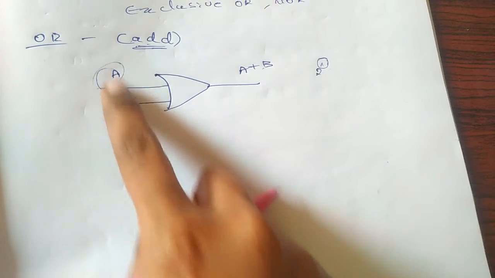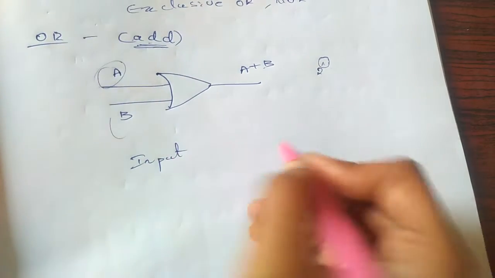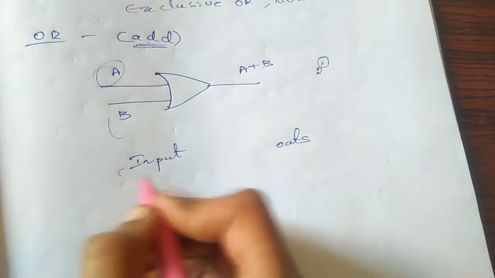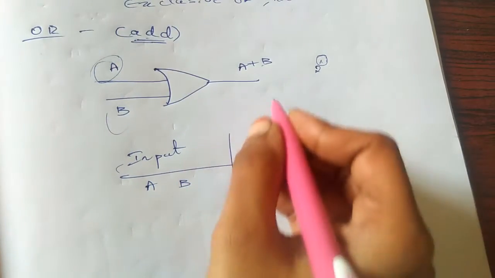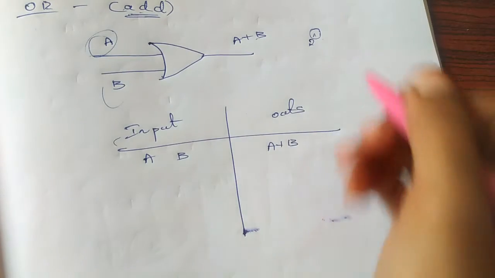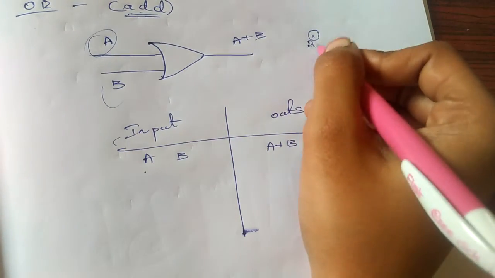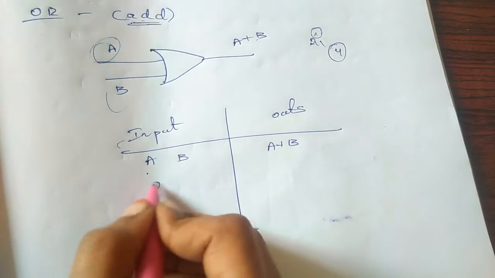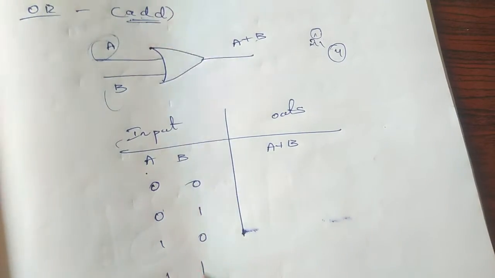We have taken A and B as the inputs, and the output that we get is A plus B. For inputs A, B, the 4 combinations are 0 0, 0 1, 1 0, and 1 1.